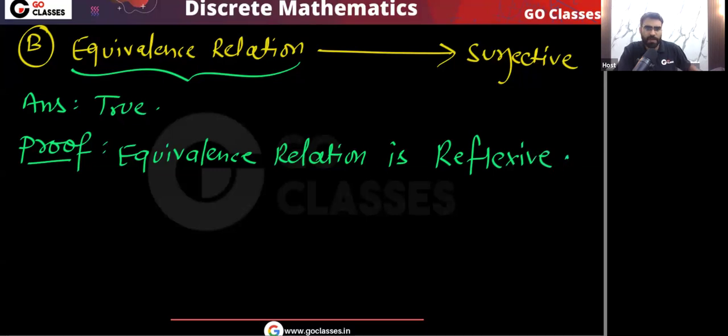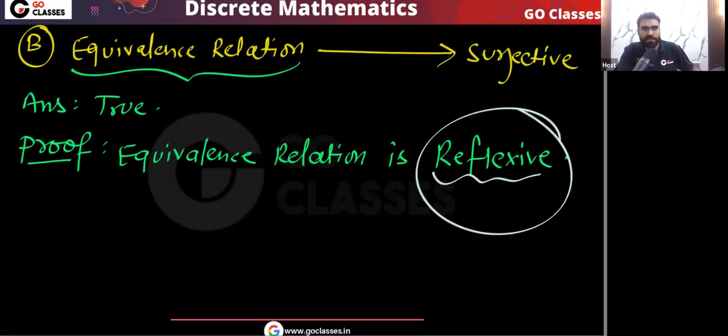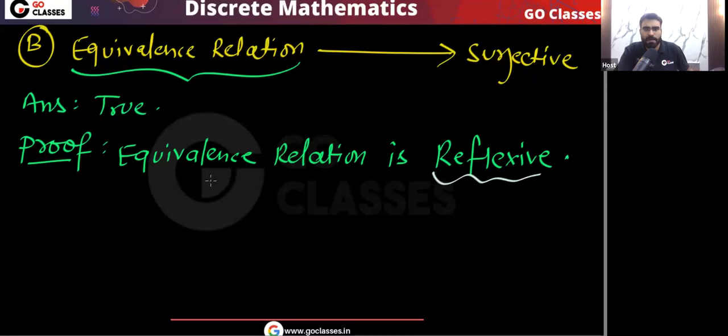Because it is reflexive, can I say every column has a tick mark? It means every column has a tick mark. I can simply say that every element has a preimage.